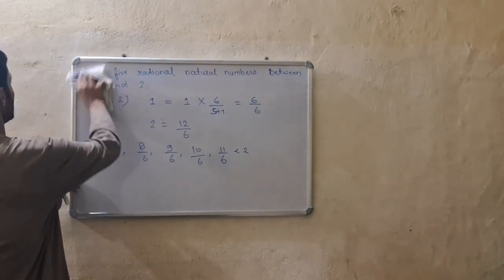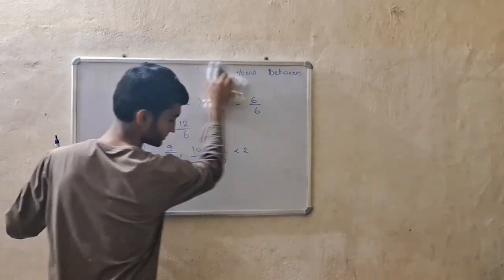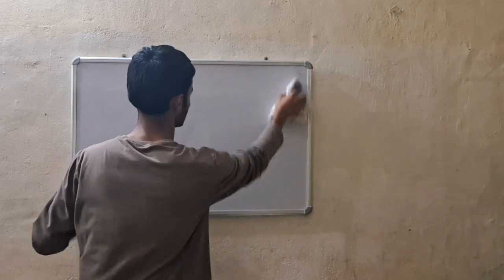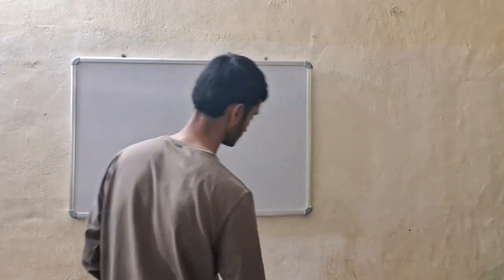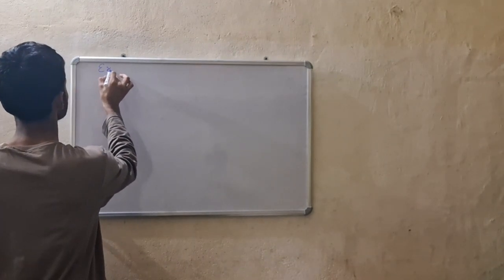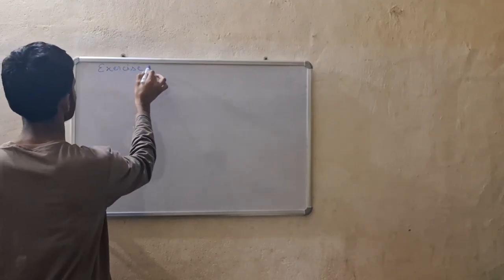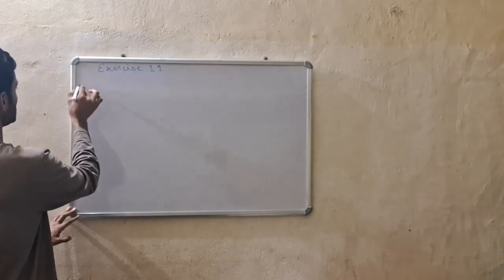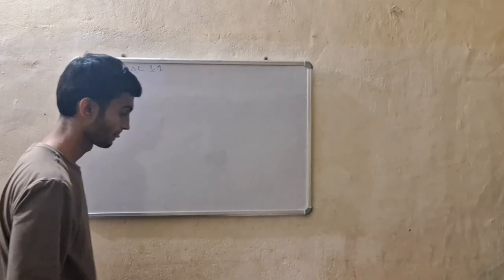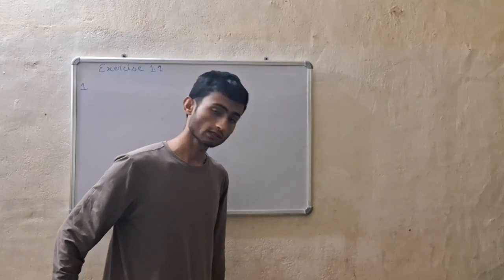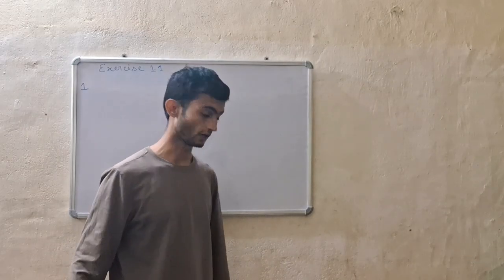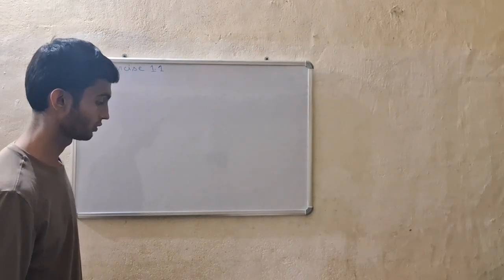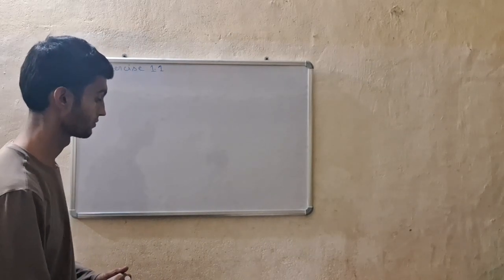So now let's do exercise 1.1. The first question in exercise 1.1 says: is 0 a rational number? Can you write it in the form P upon Q, where P and Q are integers and Q is not 0?